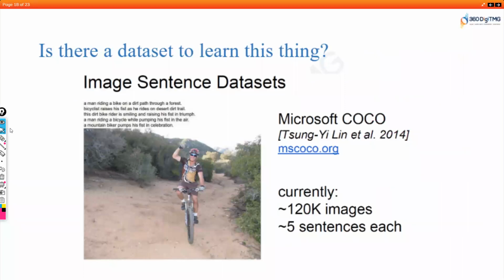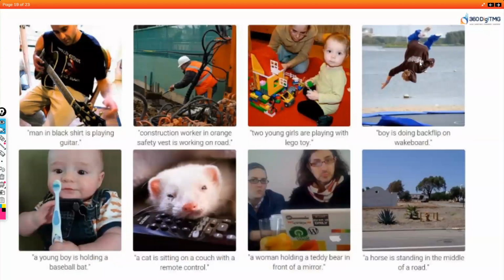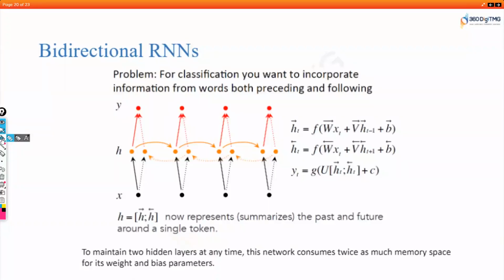For example, one caption is a man riding a bike on a dirt path through a forest. Second caption is bicyclist raises his fist as he rides on desert dirt trail. In that way, you have the data. So whenever you have images, you get the output. A few things might be accurate, a few things might not be accurate. You need to live with that.